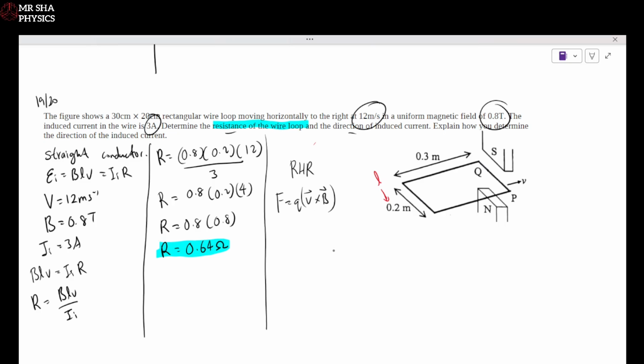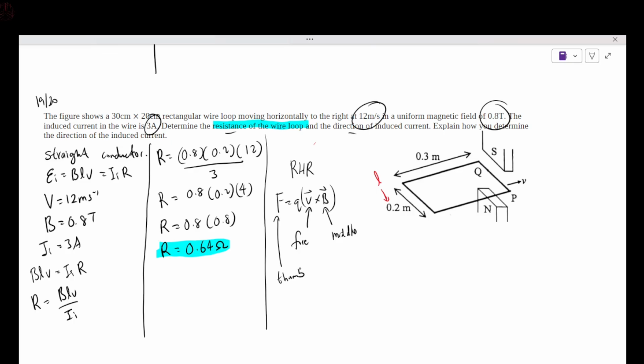Now if I have V, my V is going to be my forefinger, and then I have my magnetic field to be my middle finger, then my F is going to be my thumb, right?